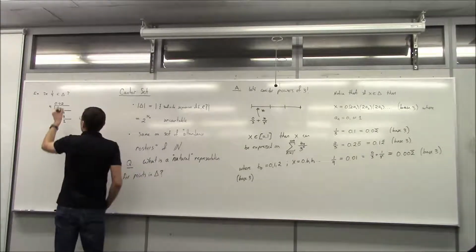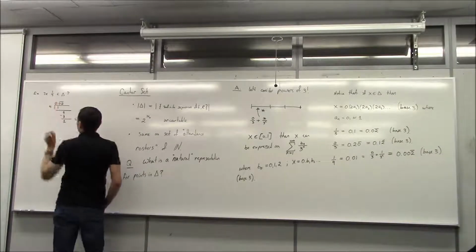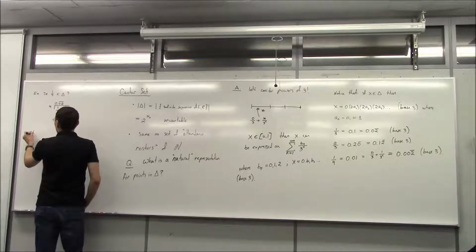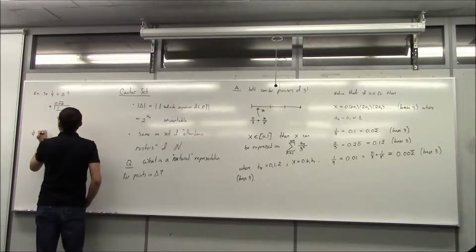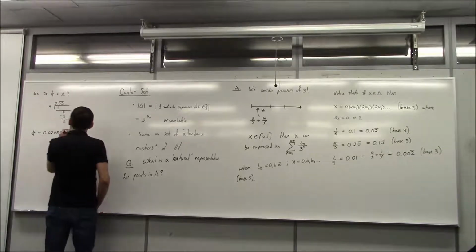So from here, you right away know that it's a repeating bar. So in other words, what is 1/4? 1/4 equals 0.020202, etc. And that's in base 3.